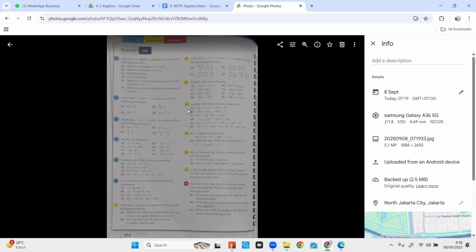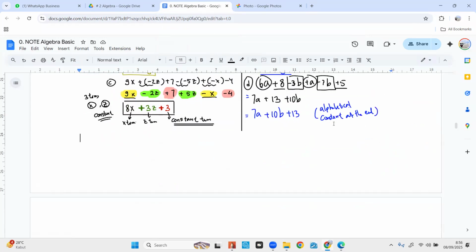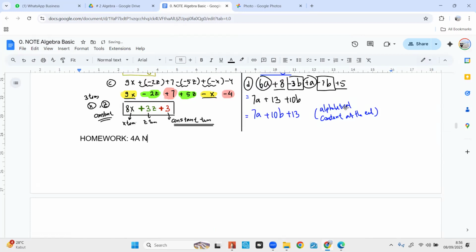So Exercise 4A, you do this number. Wait, I take a picture already. So your homework for 4A: number 1 all. This is about the letter, the sentences, and then 3AB, 5CD, 8B, 8AB. Next page after Practice Now 3.